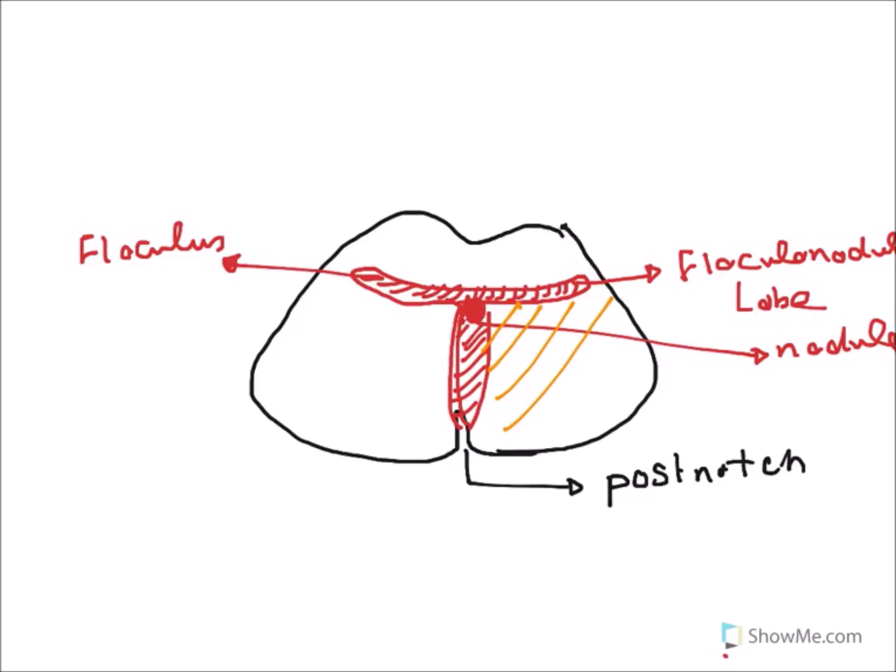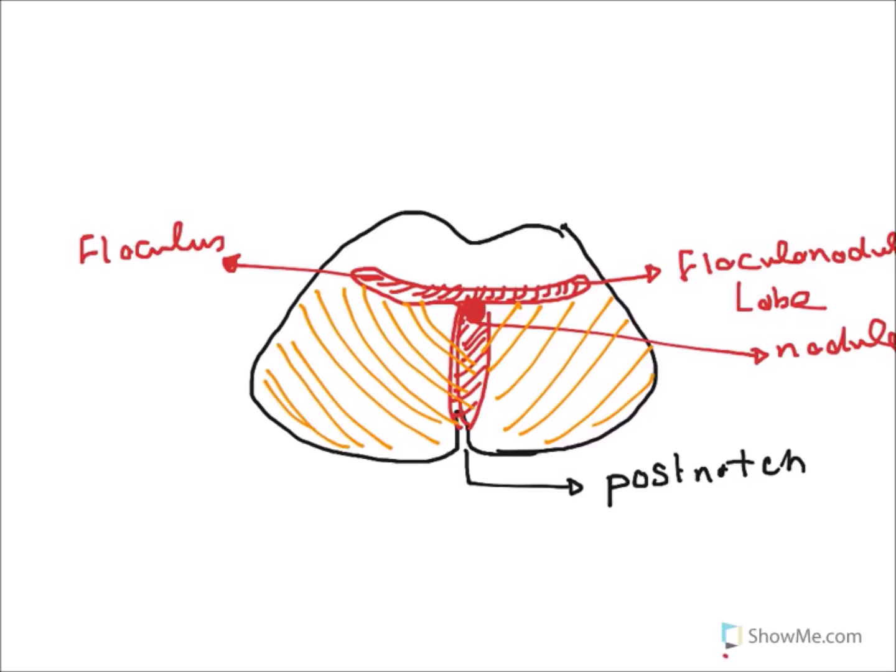So this whole part is the posterior lobe of the cerebellum, represented on the inferior view. Posterior lobe. And this is the inferior view of the cerebellum.